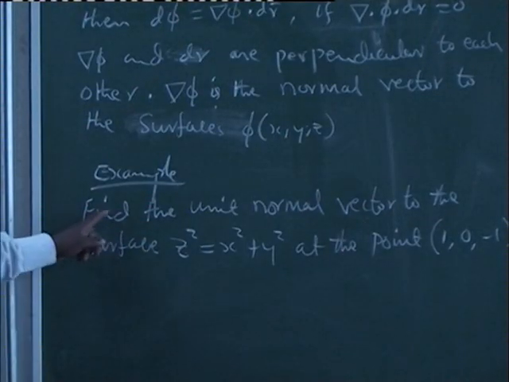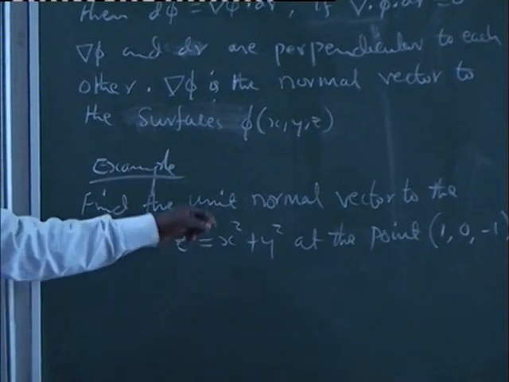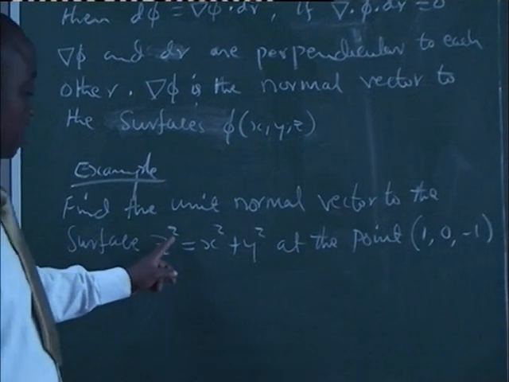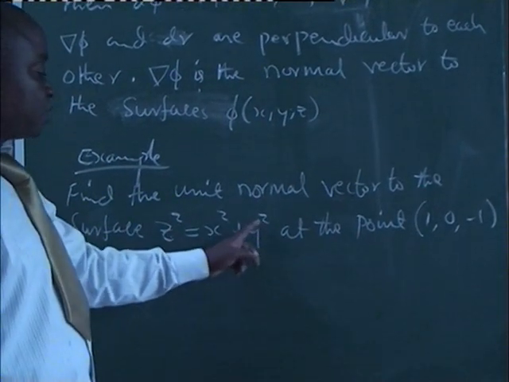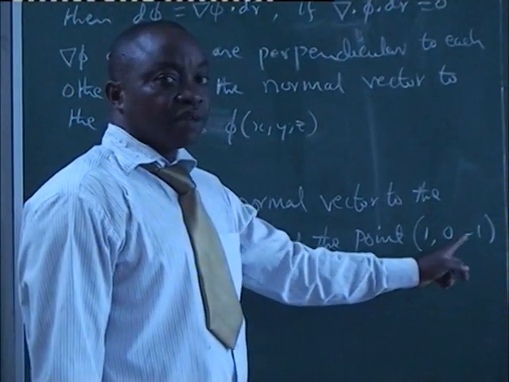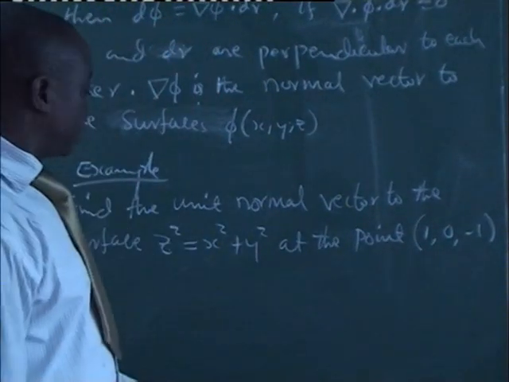The example is: find the unit normal vector to the surface z squared equals x squared plus y squared at the point x equals 1, y equals 0, and z equals minus 1.